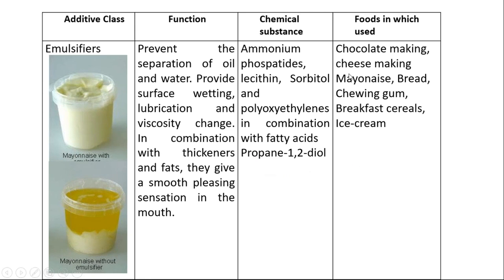You find them mainly in cheese, mayonnaise, chewing gum, breakfast cereals, and ice cream. When we talk about breakfast cereals, these are not cereals like Kellogg's, but the ready-to-eat cereals.